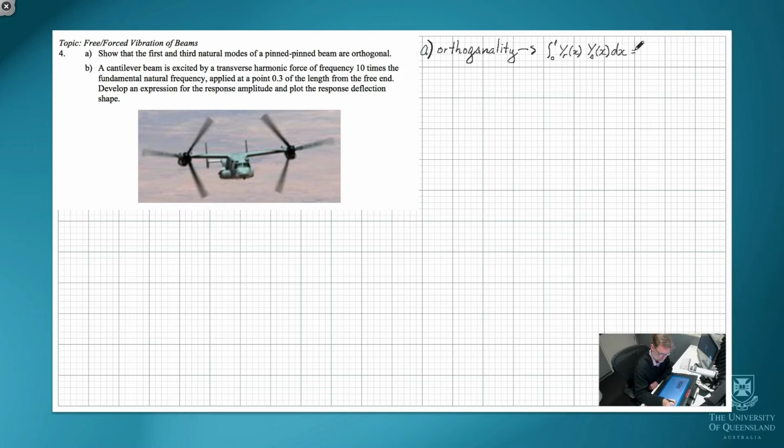So that equals 0 if the modes are orthogonal to each other.